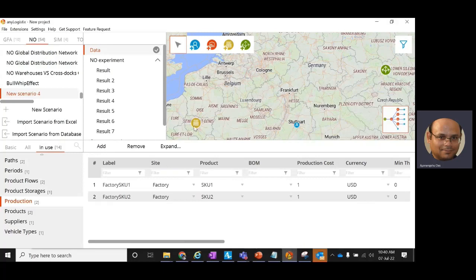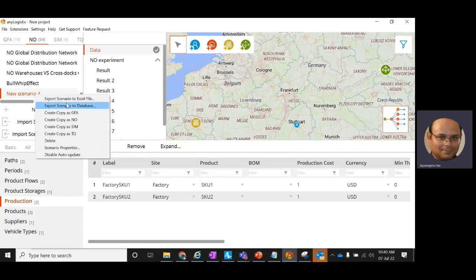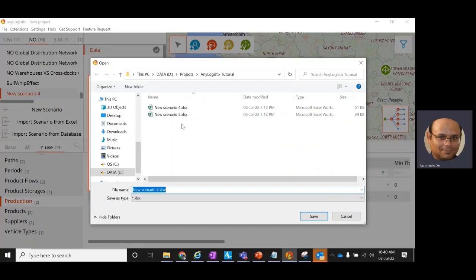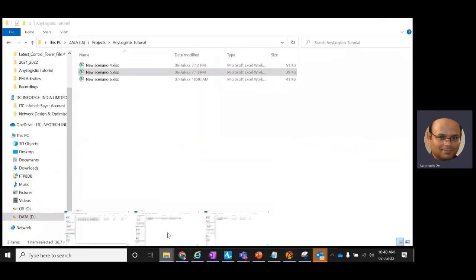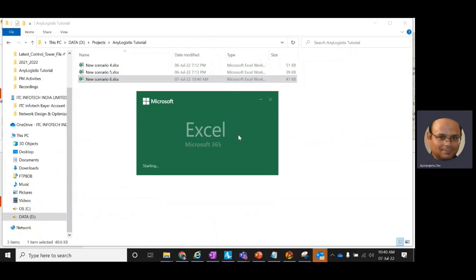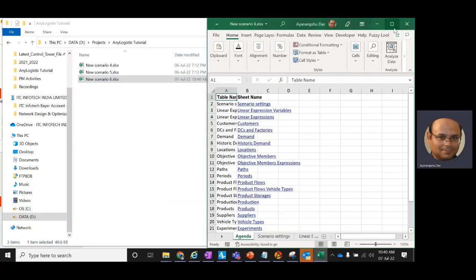Now we will try to understand how to insert the maximum throughput and the custom constraint through an Excel. Again, as we have done earlier, we can export this scenario to an Excel template, and we can look at the data.